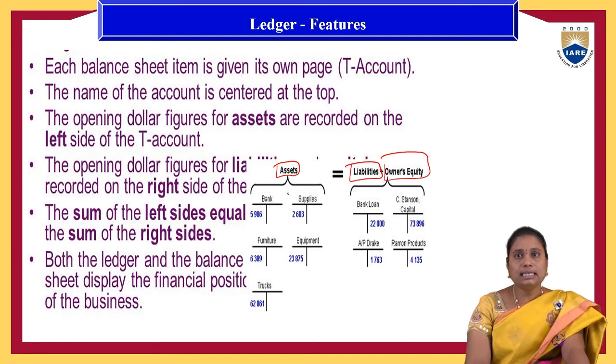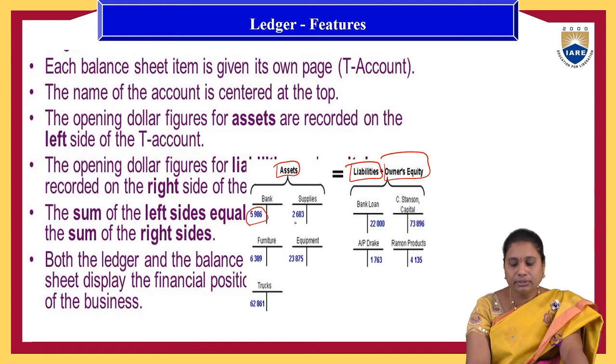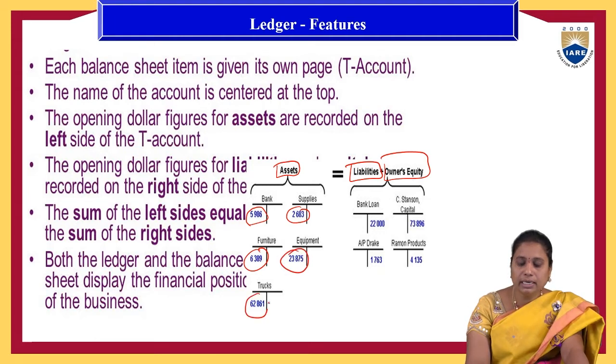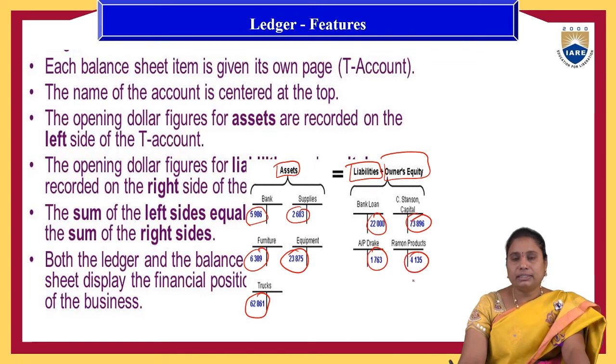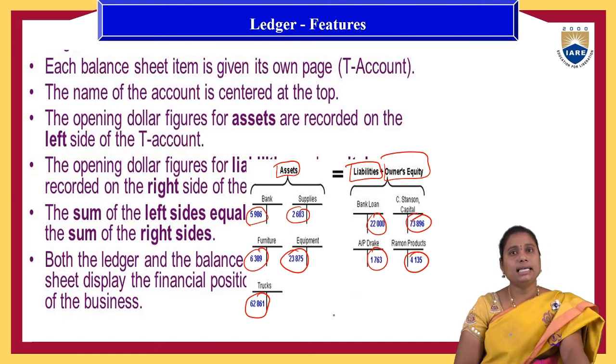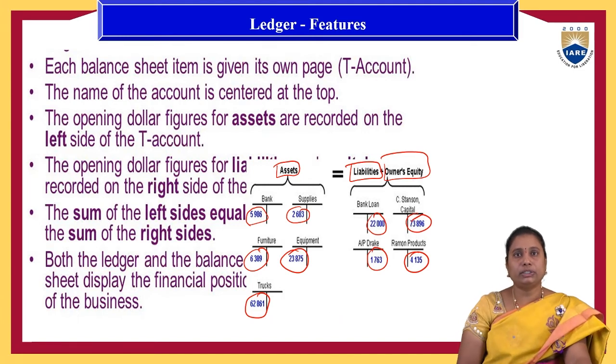Assets have their balances on the debit side, while liabilities have their balances on the right side. So the left position will be equivalent to the right side position. That is called the T format of ledger accounts.